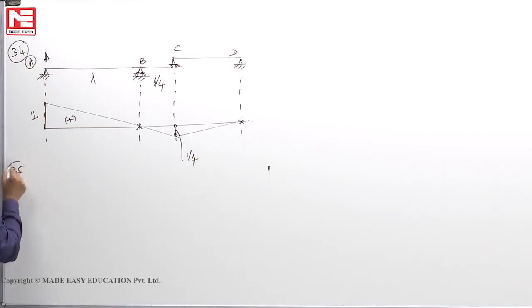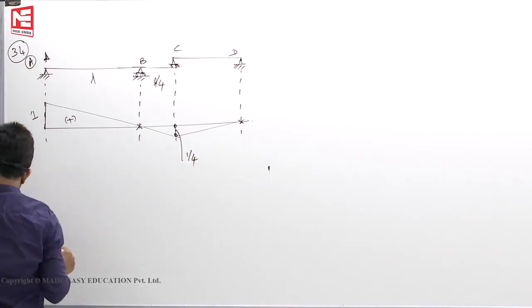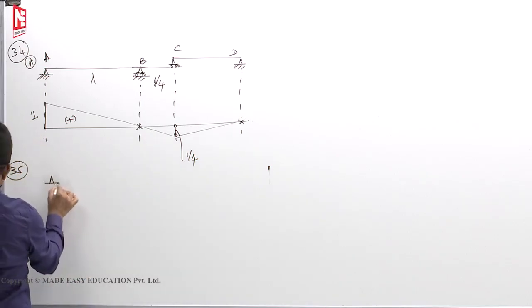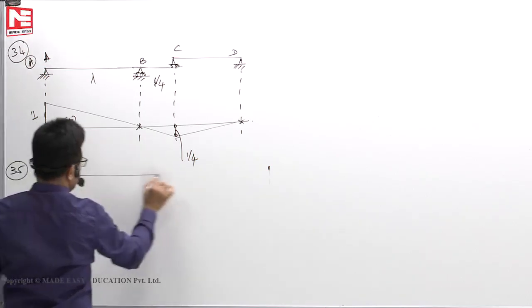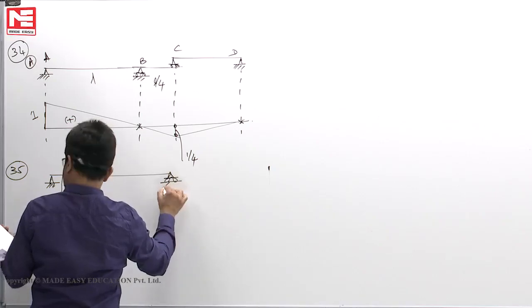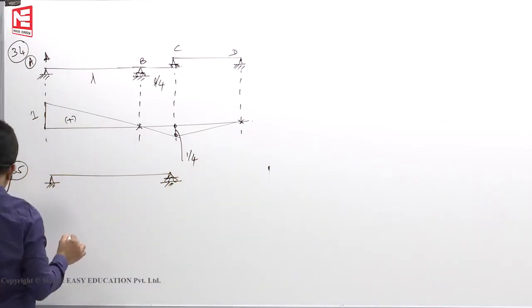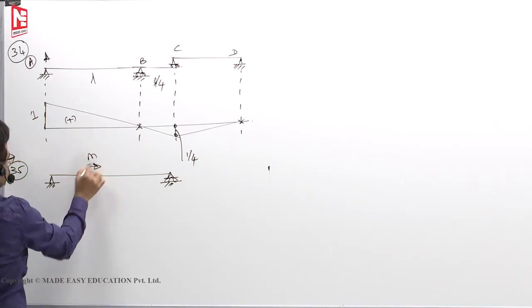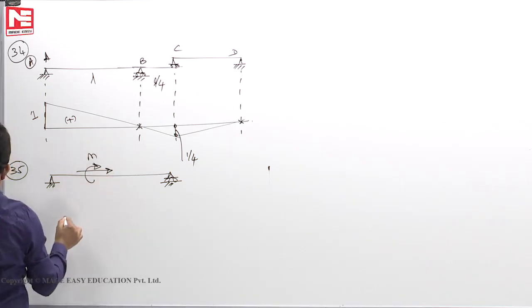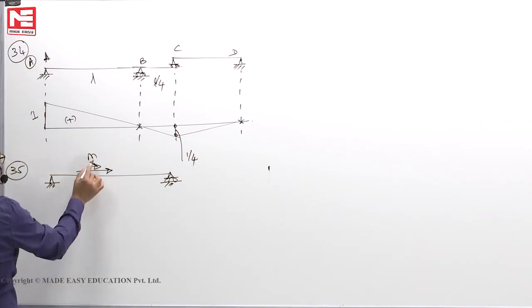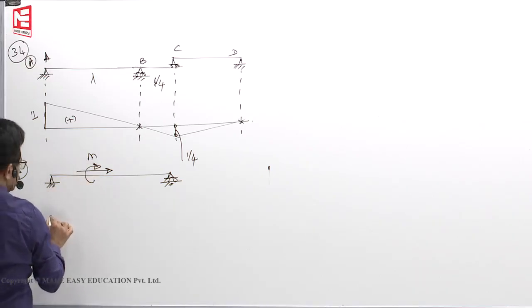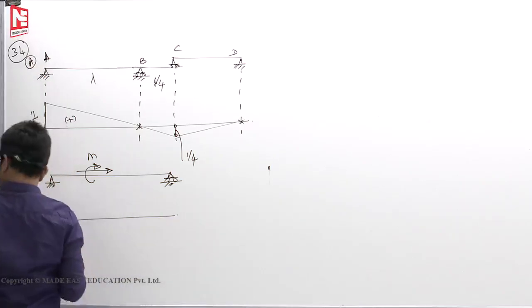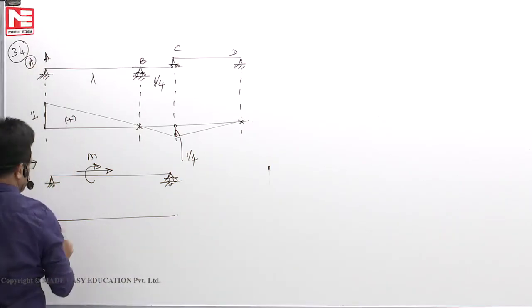Next, 35th one. An applied moment M is moving on a simply supported beam of span L, shown in figure. Absolute maximum bending moment developed in the beam. This I have solved in the class. Okay, it's moving right to left. When the moment is at the support, the bending moment is M. The bending moment diagram also I have drawn.